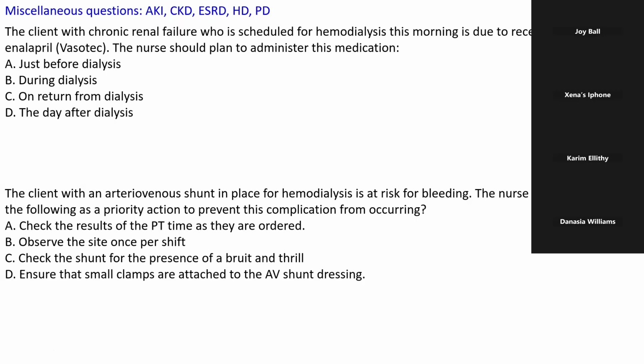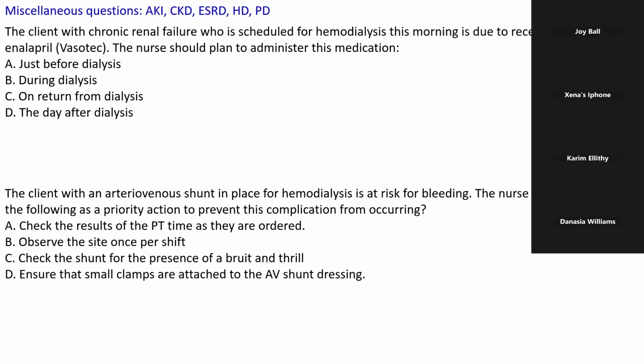So an AV shunt is a less common form of access site, but it carries the risk of bleeding when it's used, because the two ends of the external cannula are tunneled subcutaneously into an artery and a vein.